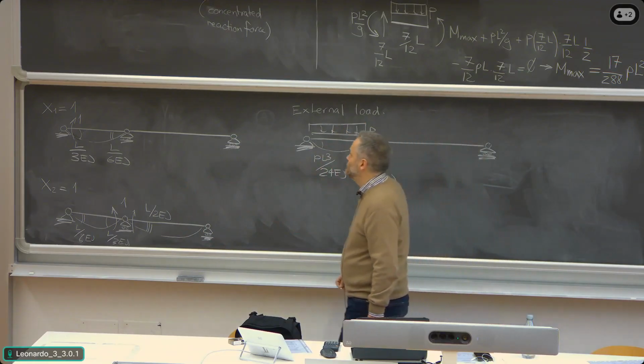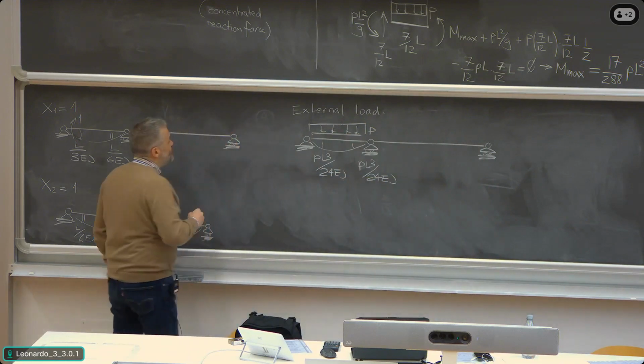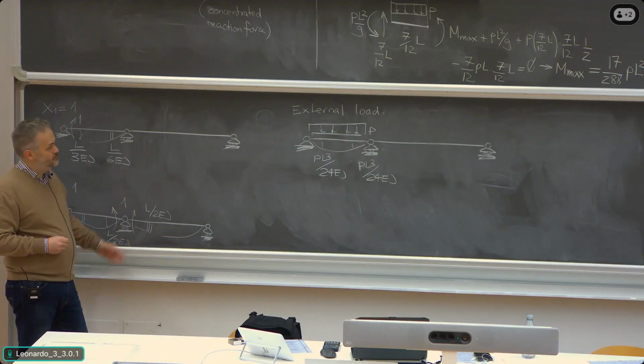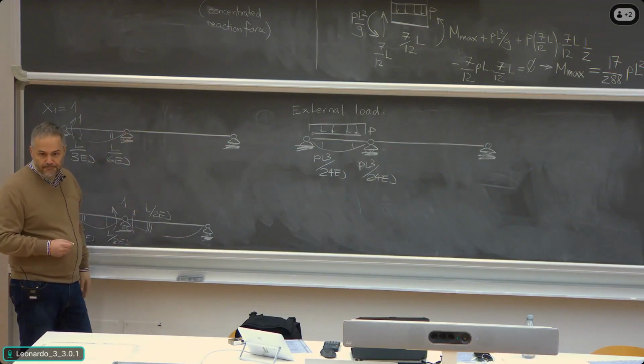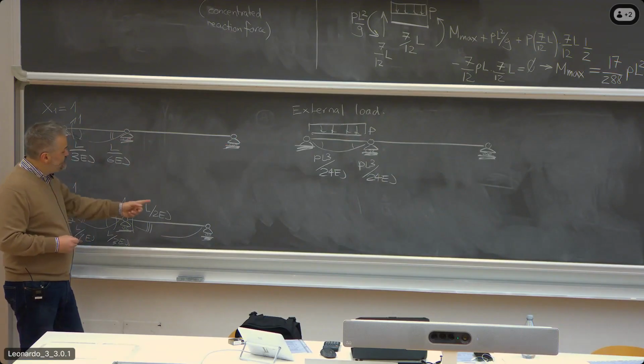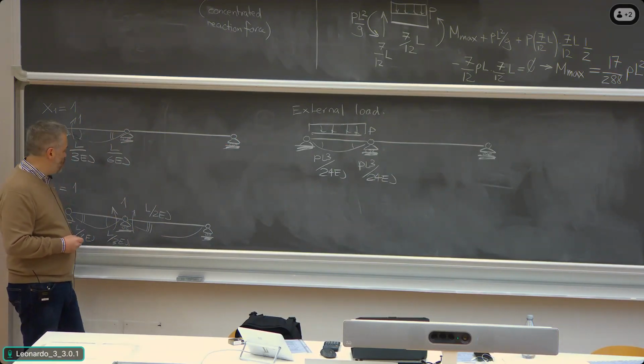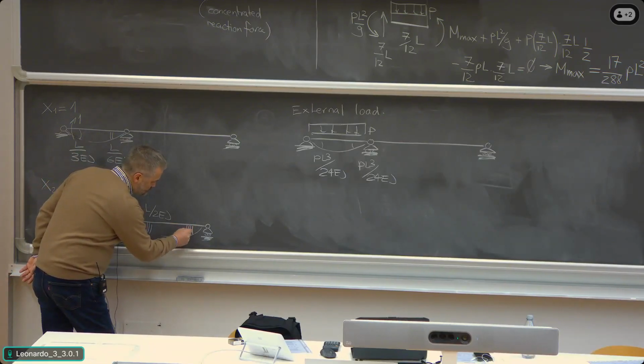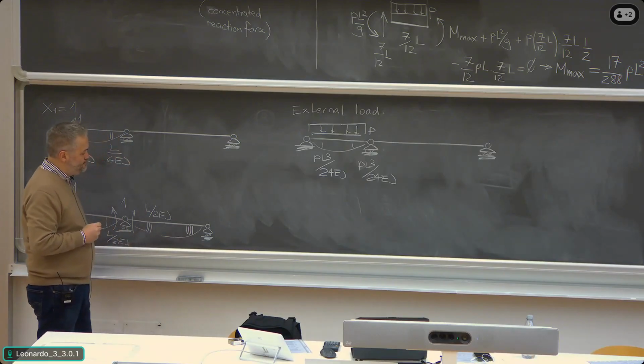Now, at point C, what is the rotation caused by x1? 0. Okay? What is the rotation at point C caused by x2? There is this contribution here, 4 arches.